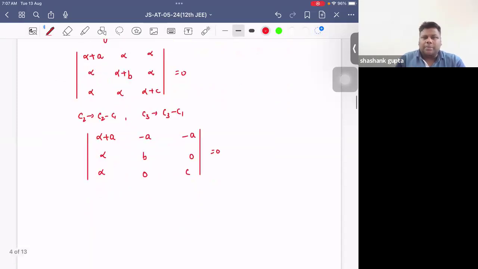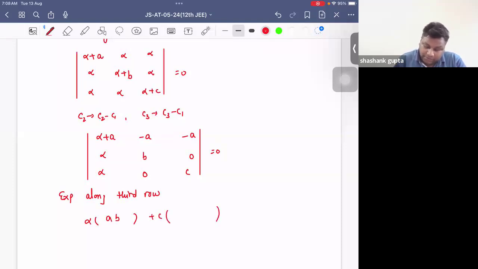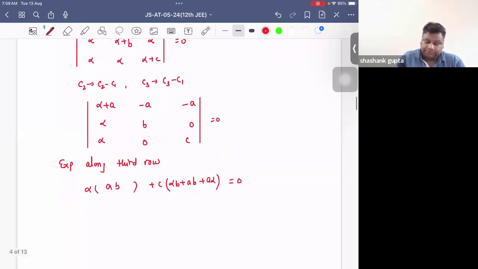Now, without doing much, you just expand it along any row. I'm expanding along the third row. So it will become alpha times AB plus C times alpha B plus AB plus A alpha. And this is equal to 0. Okay.